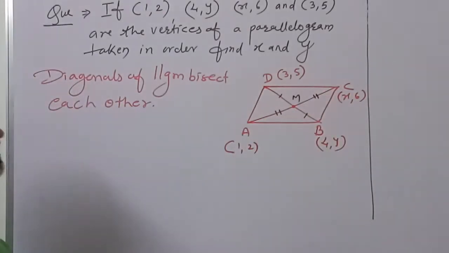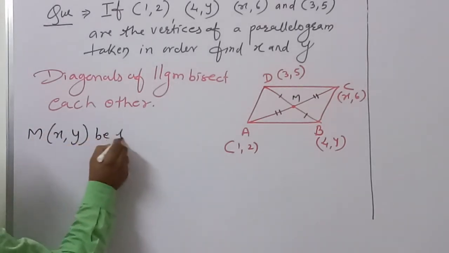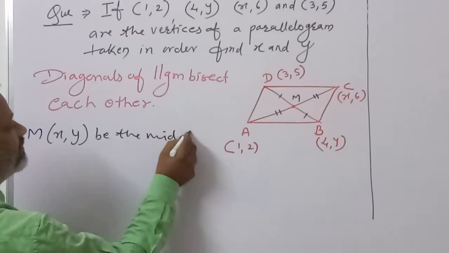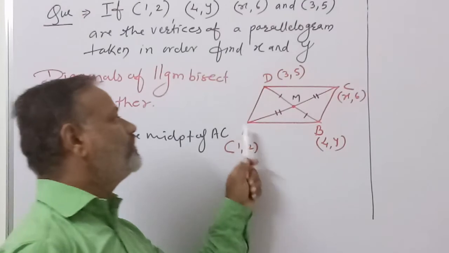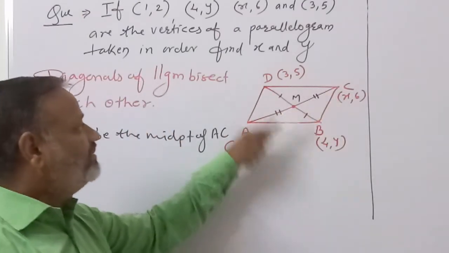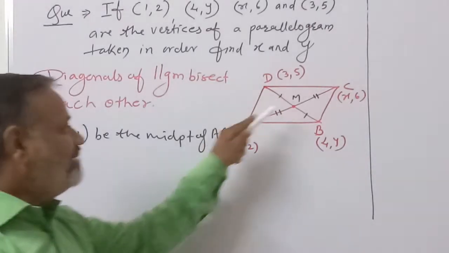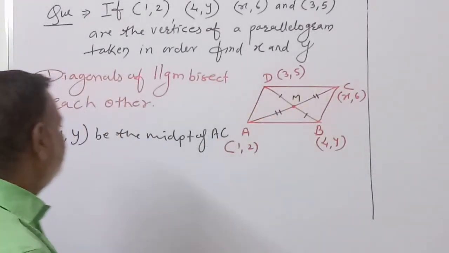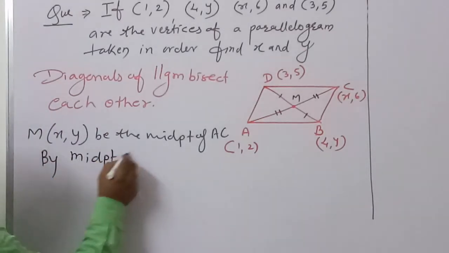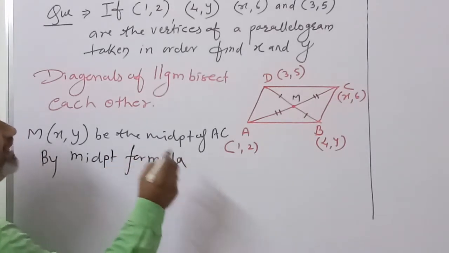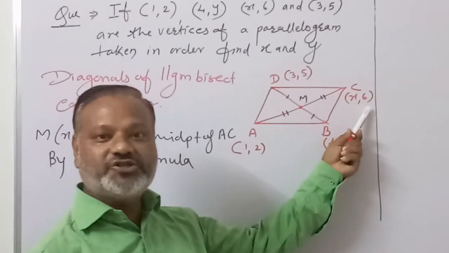Now what will we do here? First we will consider AC. So can we say that M(x, y) is the midpoint of AC, because M is the midpoint of AC as well as the midpoint of BD, because diagonals bisect each other. So by the midpoint formula, for AC we will consider this as x1, y1 and this as x2, y2.